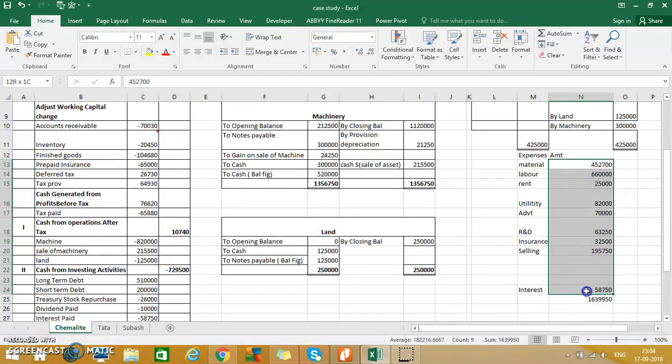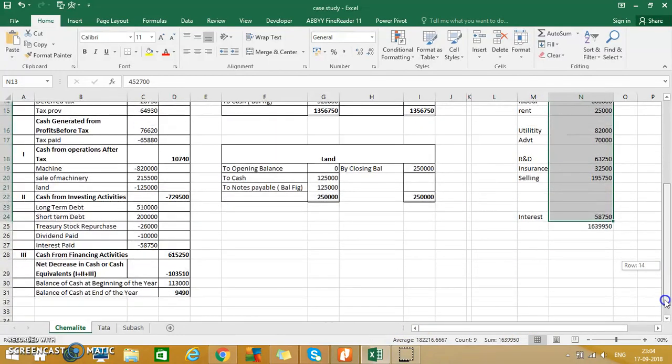If you take all those things, the organization needs 16,39,950 as expenses. So the company needs 16,39,950 as expenses for the entire year.